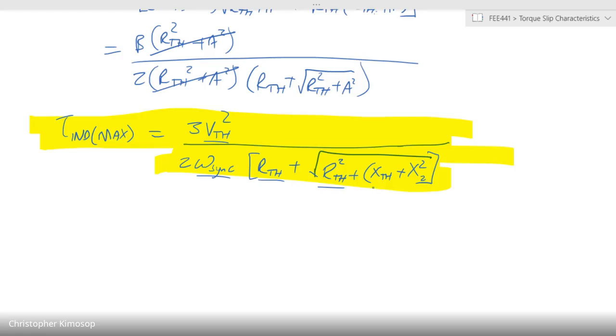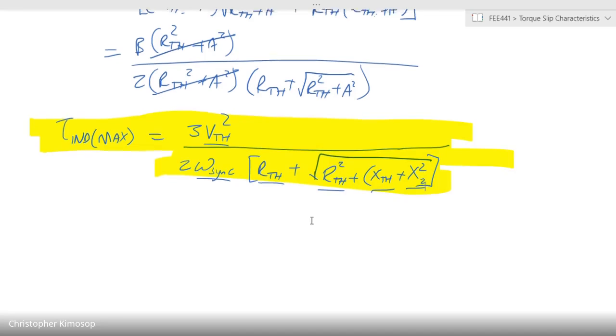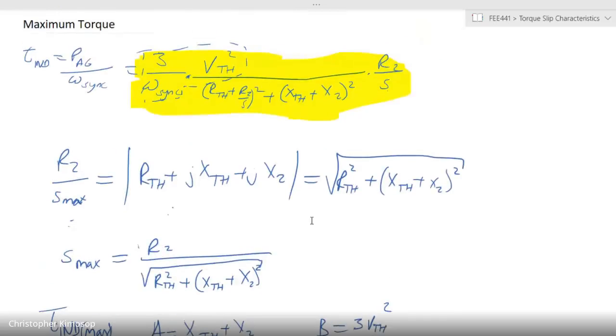These are also fixed. So what this shows us is the magnitude of the maximum induced torque is actually independent of what the slip and the rotor speed are. So by using this expression, we have been able to take out the variables that were there, and we are able to determine what is the maximum torque that our motor can create, beyond which it will not be able to run.